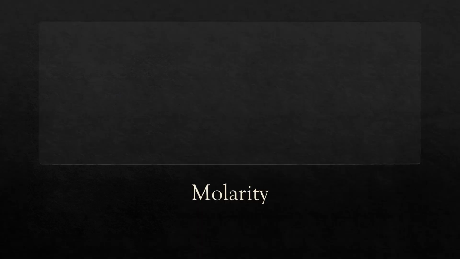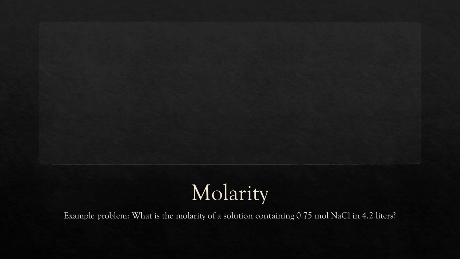Here is an example on how to calculate the molarity of a compound given the moles and volume. What is the molarity of a solution containing 0.75 moles NaCl in 4.2 liters of solvent?